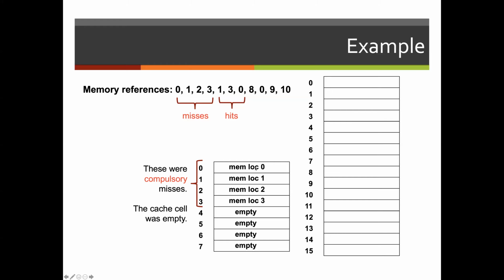And so each time it's missed, it gets pulled from memory and then it's stored into the appropriate cache location. So now when we go and access 1, 3, and 0 again, this is going to result in hits. But when we go to our next reference of 8, this is going to result in a miss.